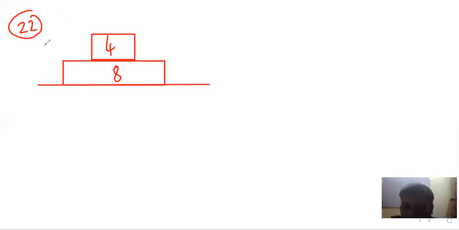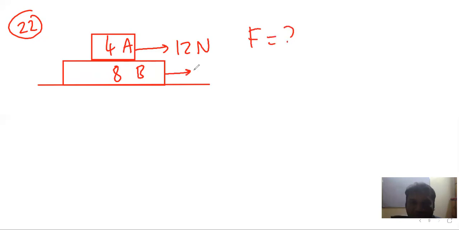Now, in this case, we are given that A just slips on B when a force of 12 Newton is applied to A. So that is block A and block B. If I apply 12 Newton force, A just slips. In this case, we have to find the maximum force on B, so that they move together.